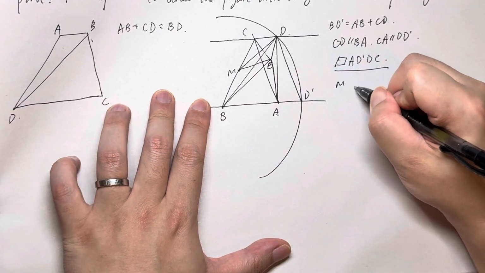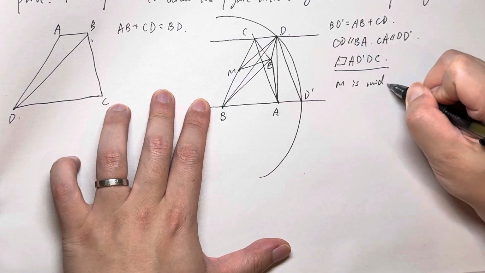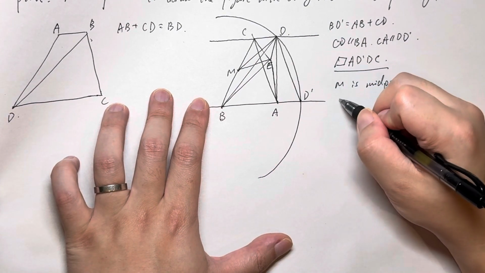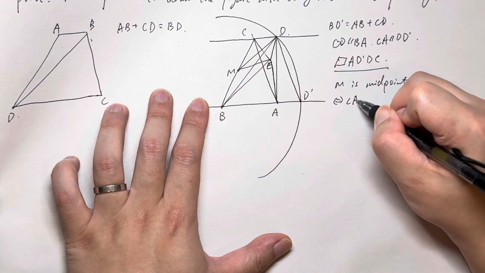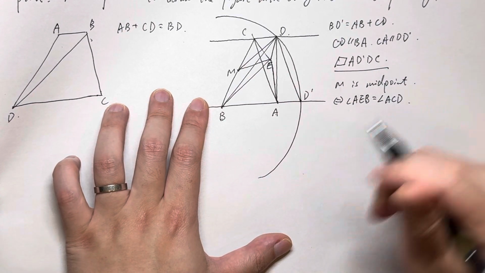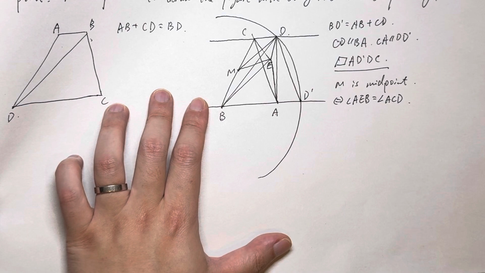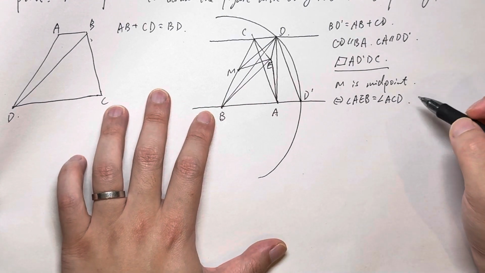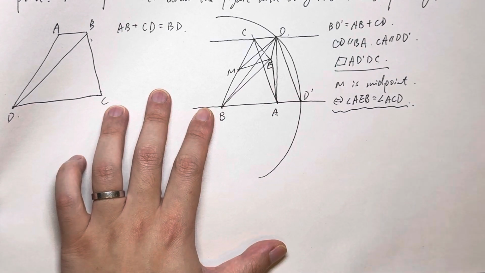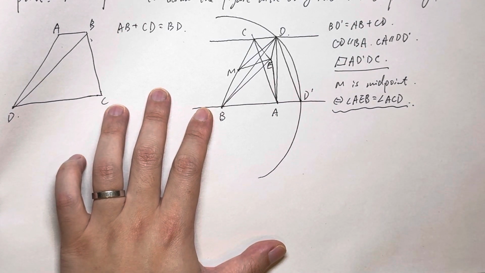So M is the midpoint, and we want to prove angle AEB equals angle ACD. So we know that we're very far away from our target.